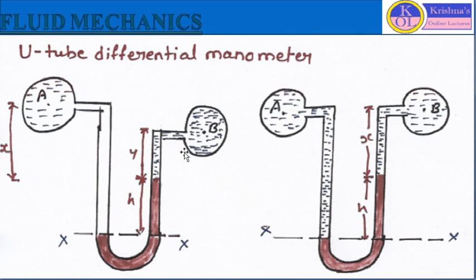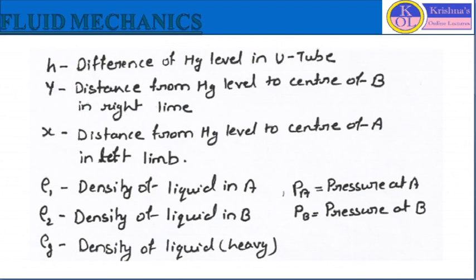One, when we have to find out the pressure difference between 2 points which are at different levels and connected to the differential manometer. And another condition is when these 2 points are at the same level. Here we will use the U-tube differential manometer to find out the pressure difference. So let's see the first condition.